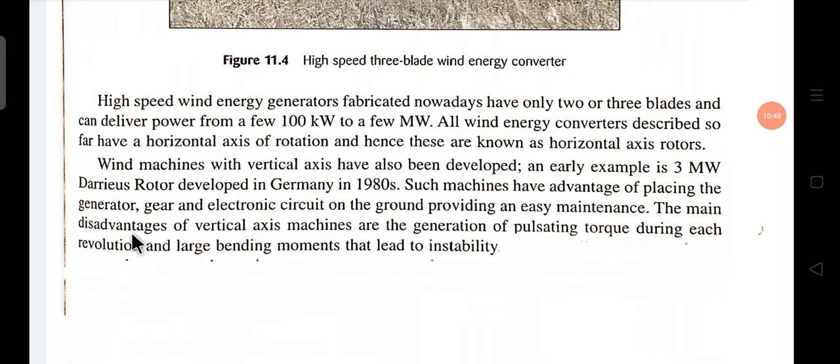The main disadvantages of vertical axis machines are the generation of pulsating torque during each revolution and large bending moments that lead to instability.